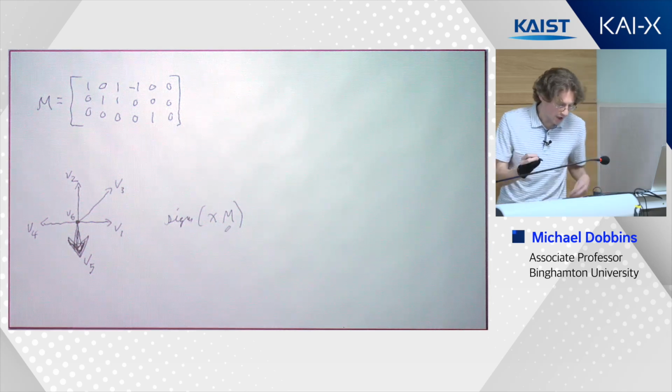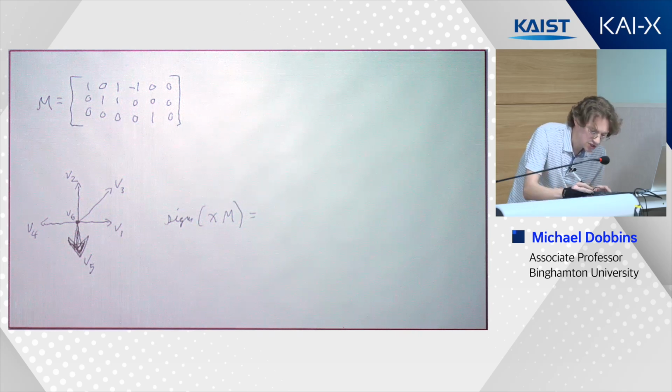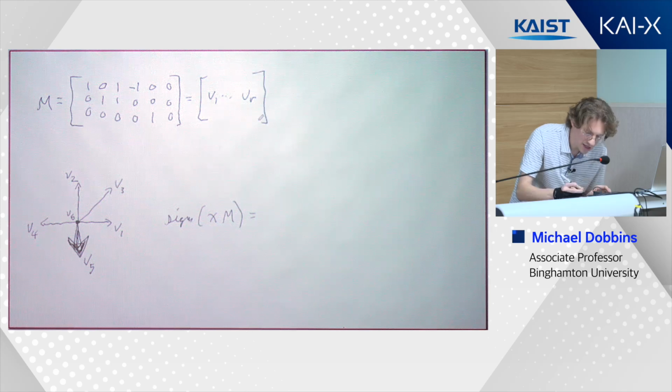So what I would get is still the same as the sign if I write M as having these columns v1 through vr. This is the same as taking the dot product of x with each of these vi's and then taking the sign of each of those.